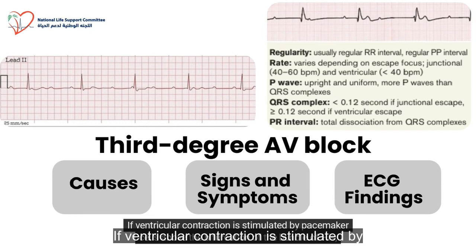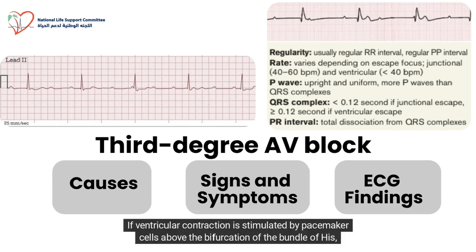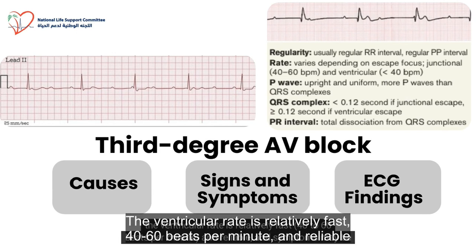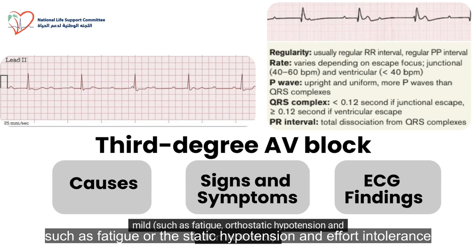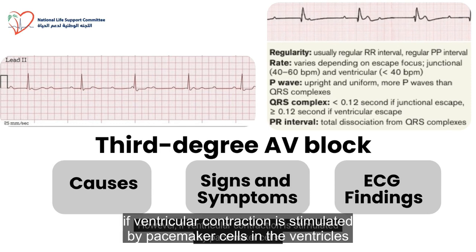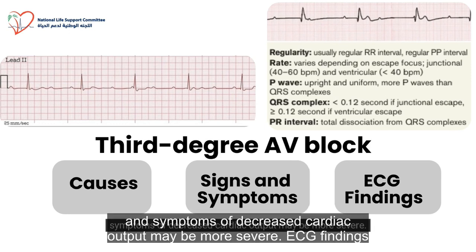If ventricular contraction is stimulated by pacemaker cells above the bifurcation of the bundle of His, the ventricular rate is relatively fast, 40 to 60 beats per minute, and reliable, and symptoms may be mild, such as fatigue, orthostatic hypotension, and effort intolerance. However, if ventricular contraction is stimulated by pacemaker cells in the ventricles, the ventricular rate will be slower, 20 to 40 beats per minute, and less reliable, and symptoms of decreased cardiac output may be more severe.